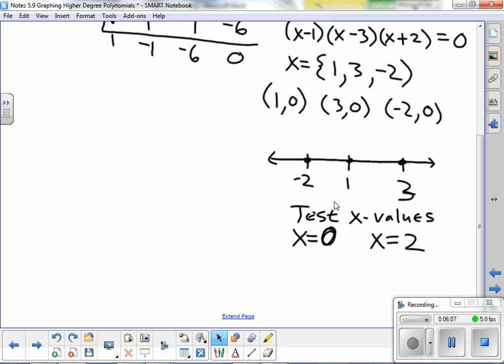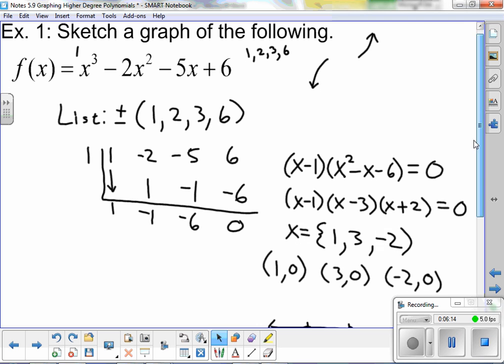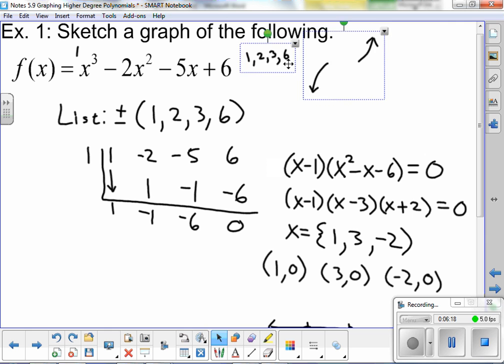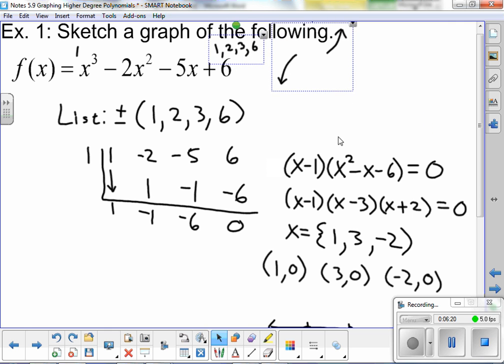Now to test these values, you can do it a couple different ways, because you can plug the 0 into one of these two forms. I know the factored form of this, so let me move this over, because I just got done factoring this.